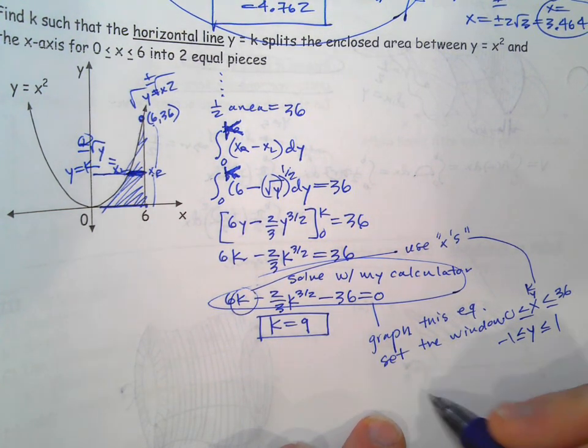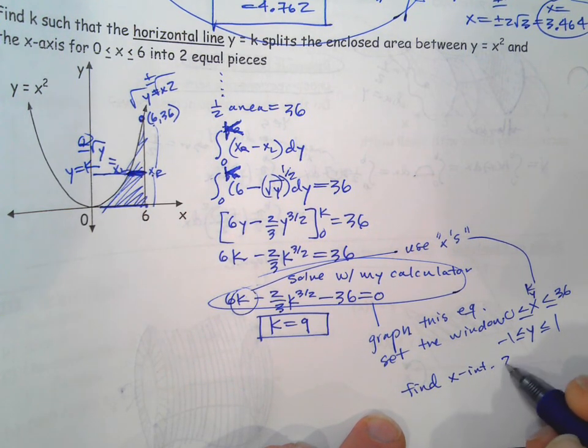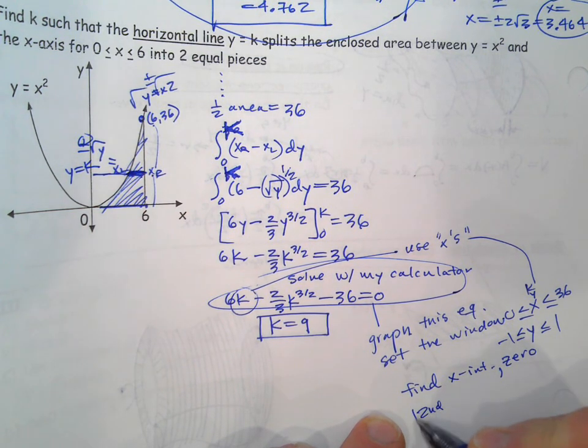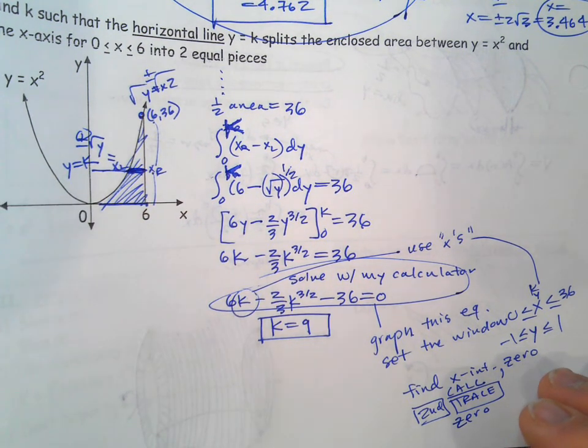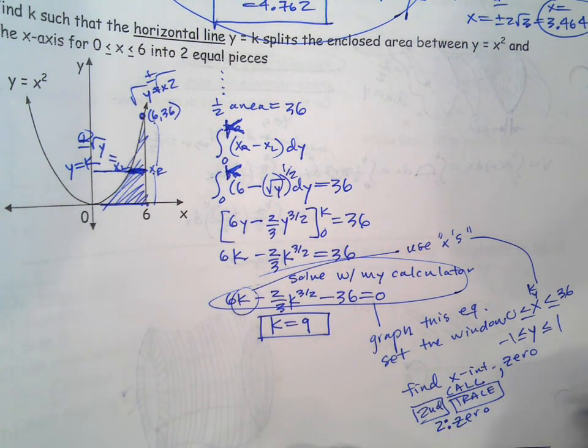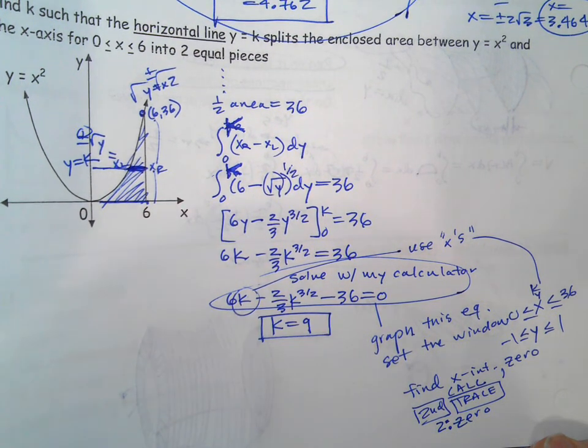And then you would find the 0, the x-intercept, by doing a second trace, calc. And then pick 0, which was option number 2. And then you tell where to look for it. And the closer you tell where to look for it without spending too much time, the quicker you get your answer.